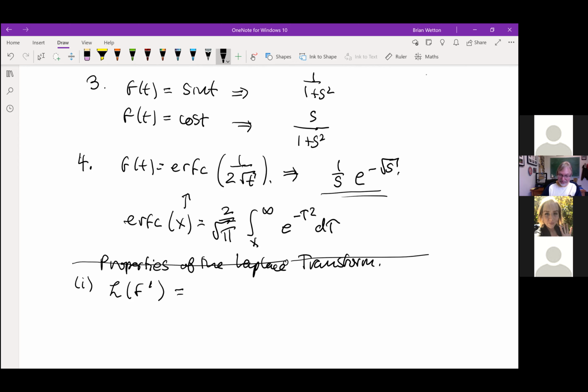You have a very similar property to the diagonalization of space derivatives with the Fourier transform representation. This is an easy one to get by integration by parts. This is s times the Laplace transform of f minus the initial condition.